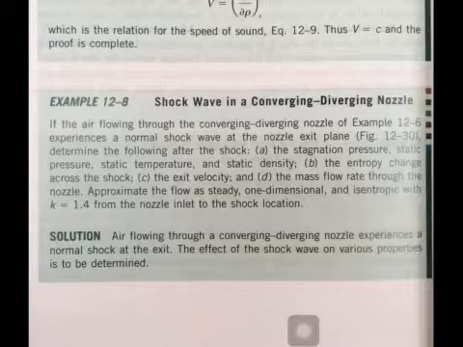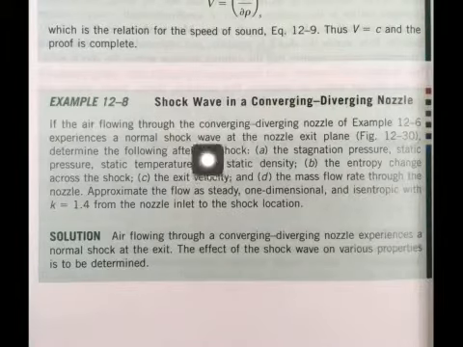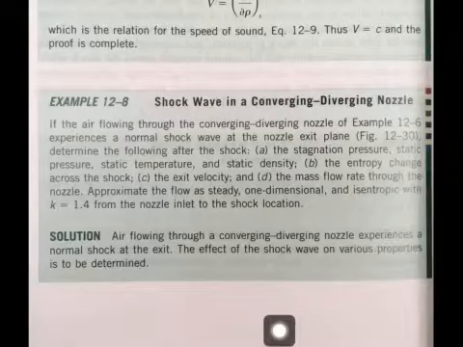If the air flowing through the converging and diverging nozzle of example 12.6 experiences a normal shock wave at the nozzle exit plane. So at the diverging nozzle, shock happens. We can look at figure 12.30 later on.